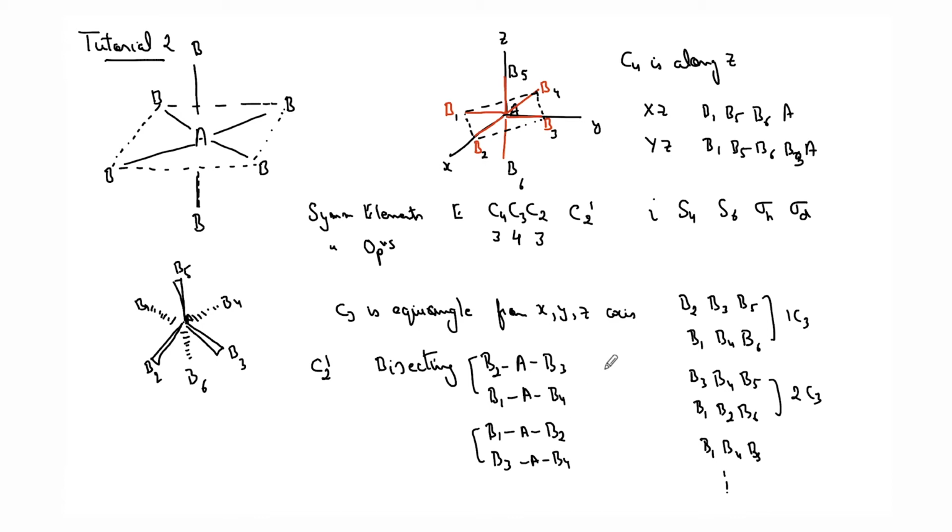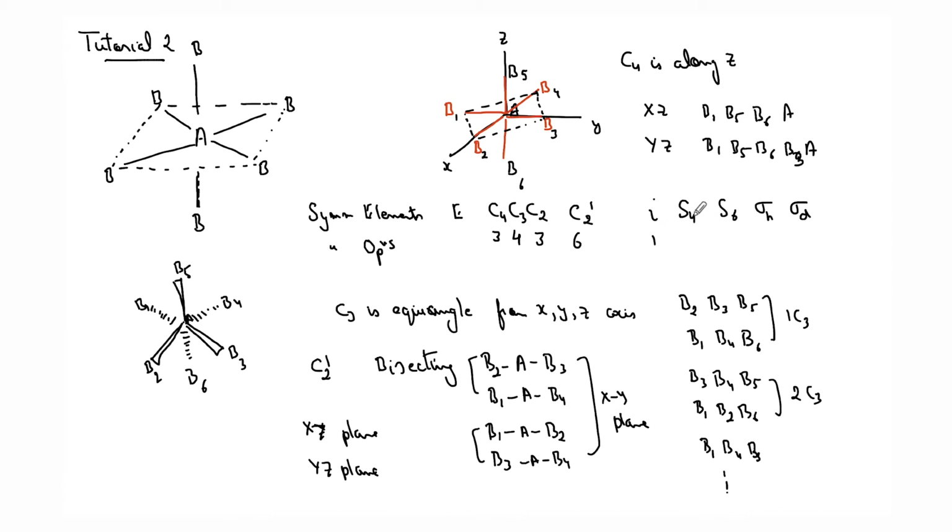So this was in XY plane. Both of these are in XY plane, right? So similarly, you will find two pairs in XZ plane and two pairs in YZ plane, right? So that gives you 6 such C2 primes.